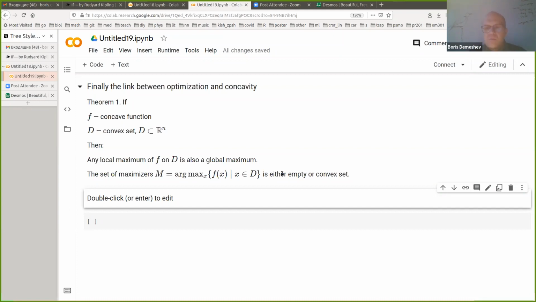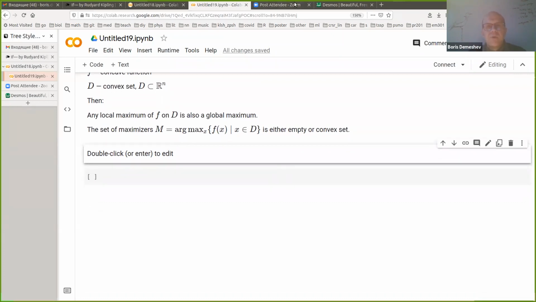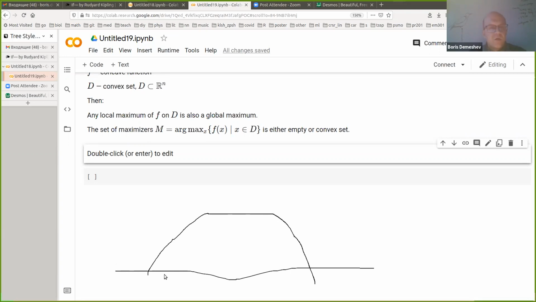You may have many extrema. So let me draw an example. You have a function like this, and you have a plateau here, and after a horizontal plateau the function decreases.